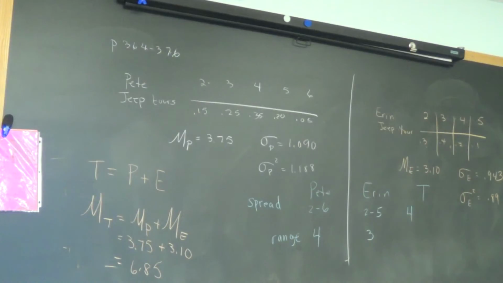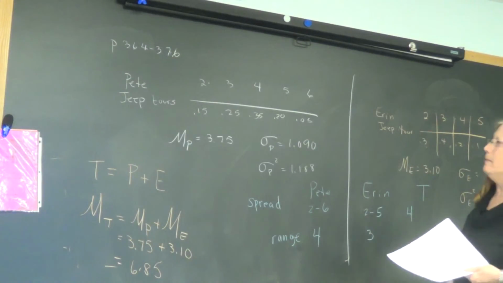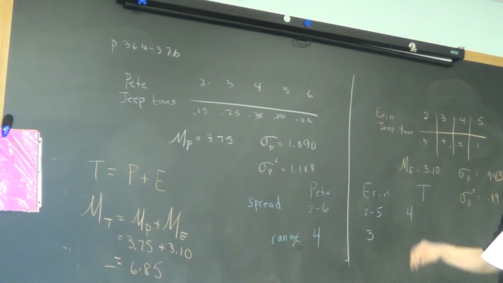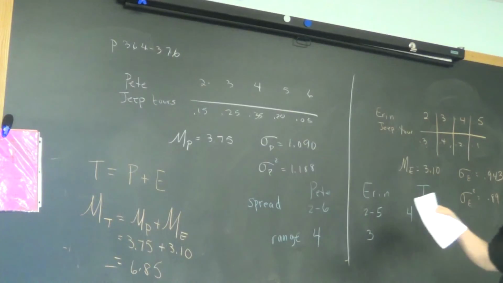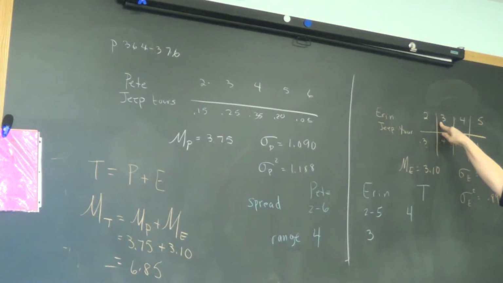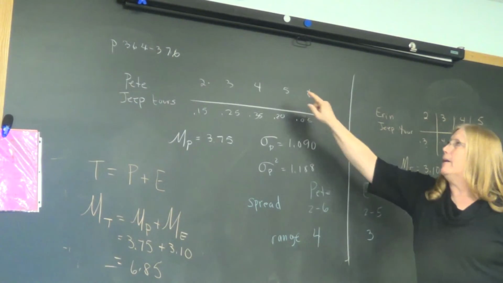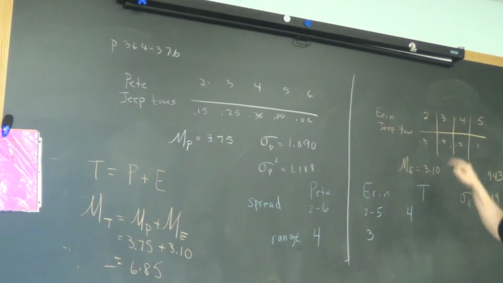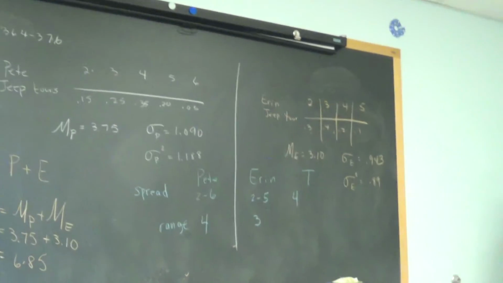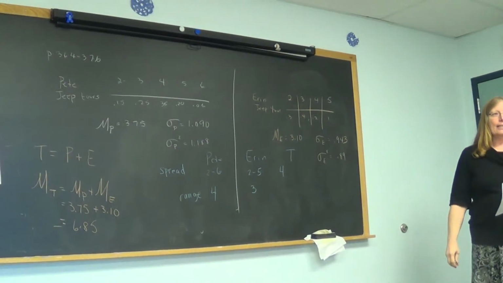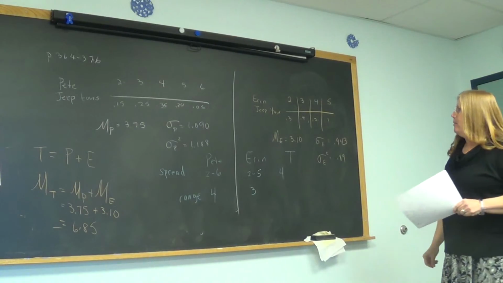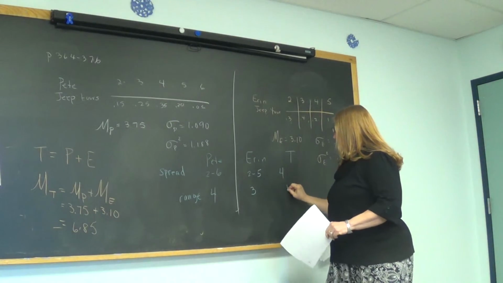So Elena, what's the highest combination between the two that we could get? One day he might have 2 and she might have 3, and that would be a 5 for our total. One day he might have 5 and she might have 4, that would be 9. So what is the highest possible combination? It would be 11, from 6 plus 5.